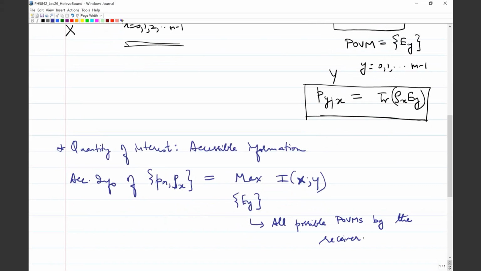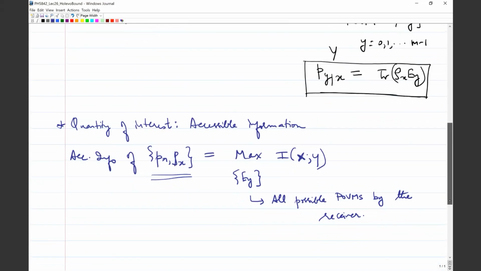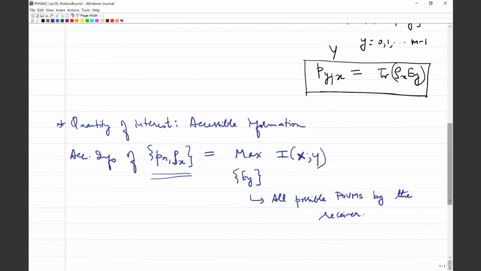Right? So for a given ensemble, what the accessible information is capturing is what the word says. It's how much information capacity does a certain ensemble of quantum states have? Or in other words, if information is encoded into such an ensemble of states, how much of that information is accessible? How much classical information is accessible from a given ensemble of quantum states?